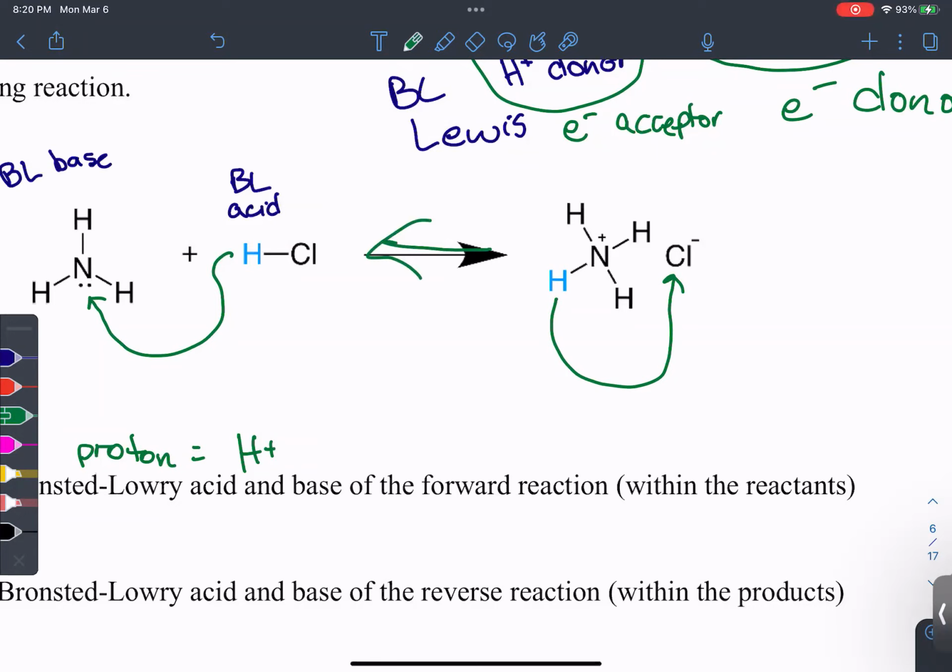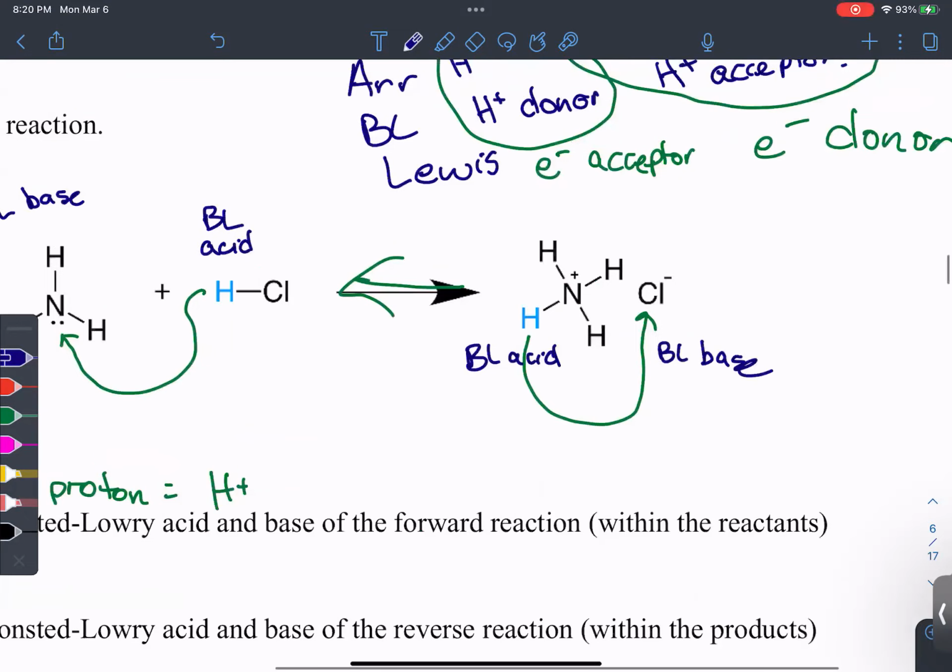NH4 is our Bronsted-Lowry acid, and chloride minus is our Bronsted-Lowry base. Perfect. We're focusing on where the H plus is moving.